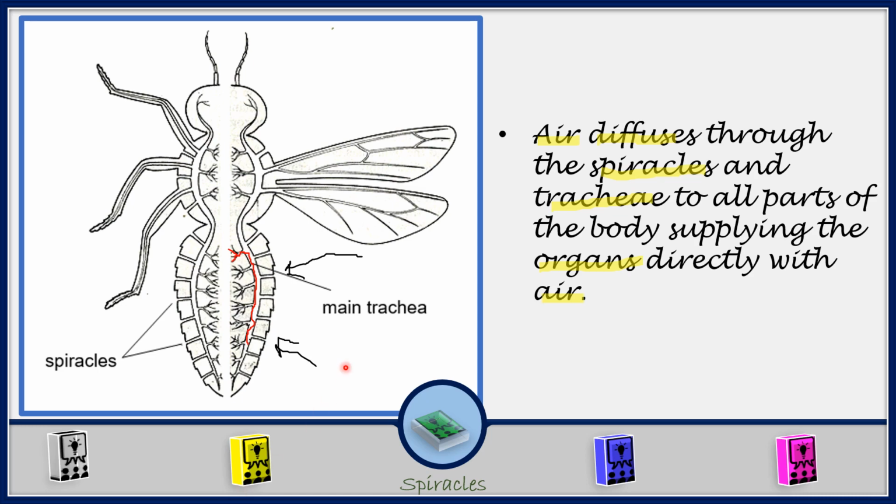So our air comes from outside and it diffuses through the spiracles. From the spiracles, it enters into the trachea, and then in the trachea, it will be transported to all parts of the body. It passes through the trachea and it goes on distributing it to all parts of the body. You can see that from the abdomen and also in the thorax, we have also there the trachea system, and it also distributes oxygen to the brain.